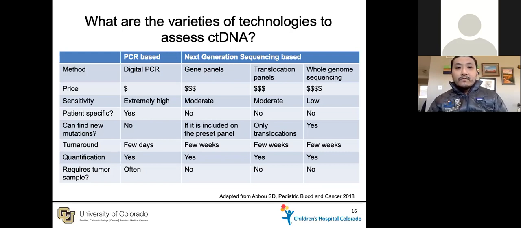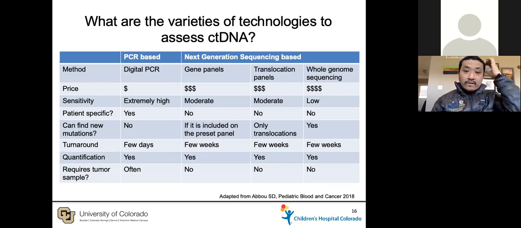The more widely used approach is next-gen sequencing based. There are gene panels, where you find a panel of targets known to be commonly mutated in a particular cancer, enrich for those targets, and then sequence them.